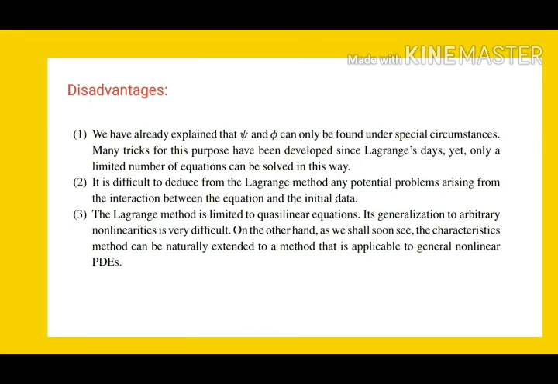The main disadvantage is that it is limited to a limited number of quasi-linear equations. That means not all quasi-linear equations can be solved by this method, because it is very difficult to determine psi and phi. These are determined only under some special circumstances.